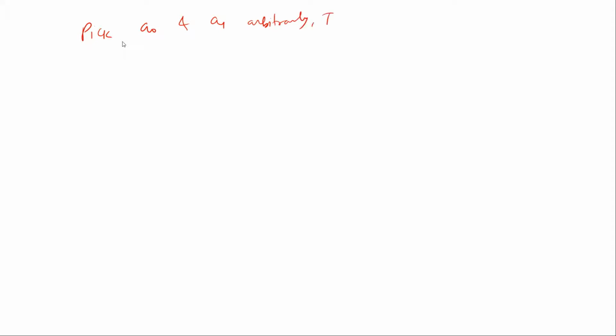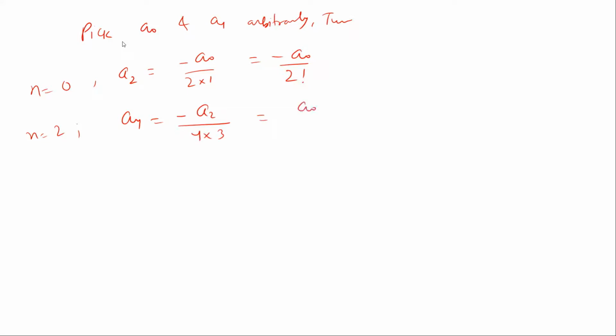Then for n = 0, a2 will be equal to −a0 by 2·1, which is −a0 by 2 factorial. For n = 2, a4 is equal to −a2 upon 4·3, which is a0 upon 2·3·4, so a0 by 4 factorial.